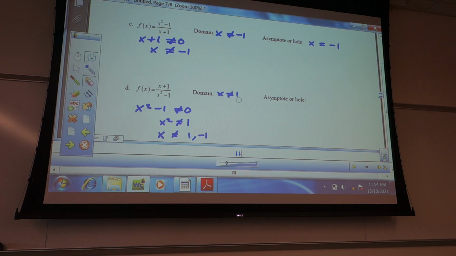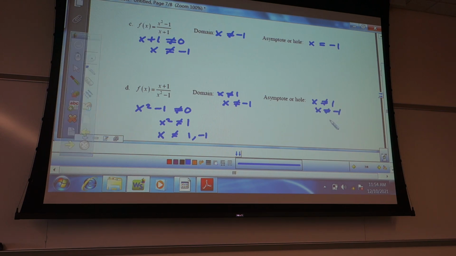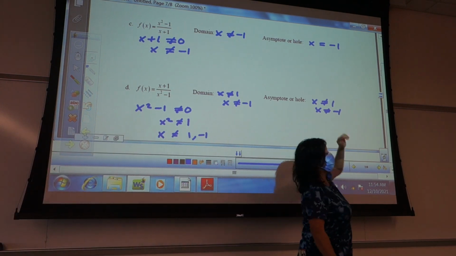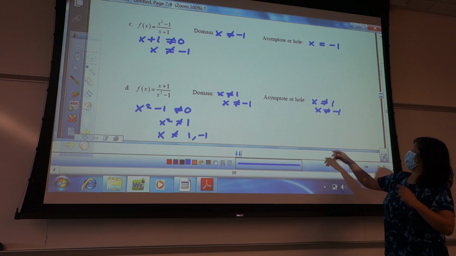Now I'm going to write them separately so that people get used to writing them separately for the asymptote or hole. Oh, you want 2 lines like that? Does it really matter? Can I just put x equals 1 or negative 1? Well, for this one you can, but when you have an equation of an asymptote, it's an equation of a line.